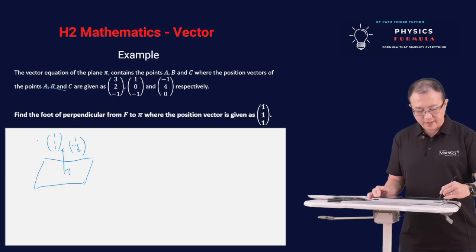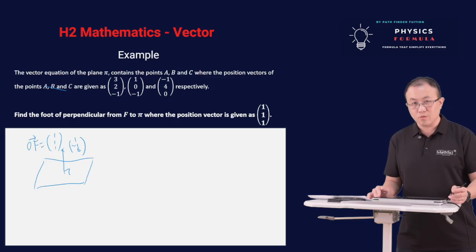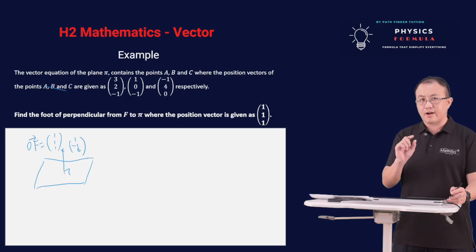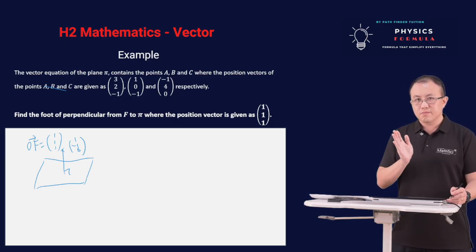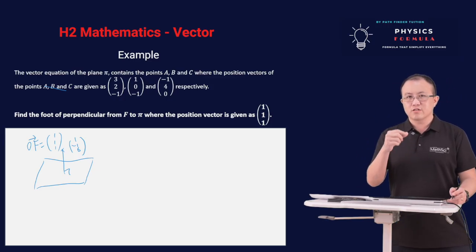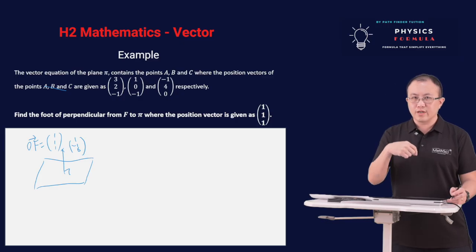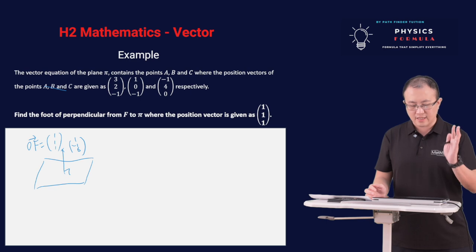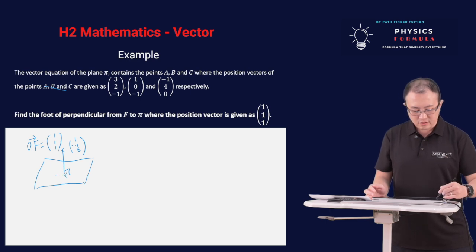So this is my point F, or OF vector is equal to 1, 1, 1. And why do I put it directly on top and contained in the normal vector? It's because I'm going to find the foot of perpendicular. So I need to drop down from F to the plane itself. So that's why I say that it is in the line, which is the normal vector. So this is our foot of perpendicular N.